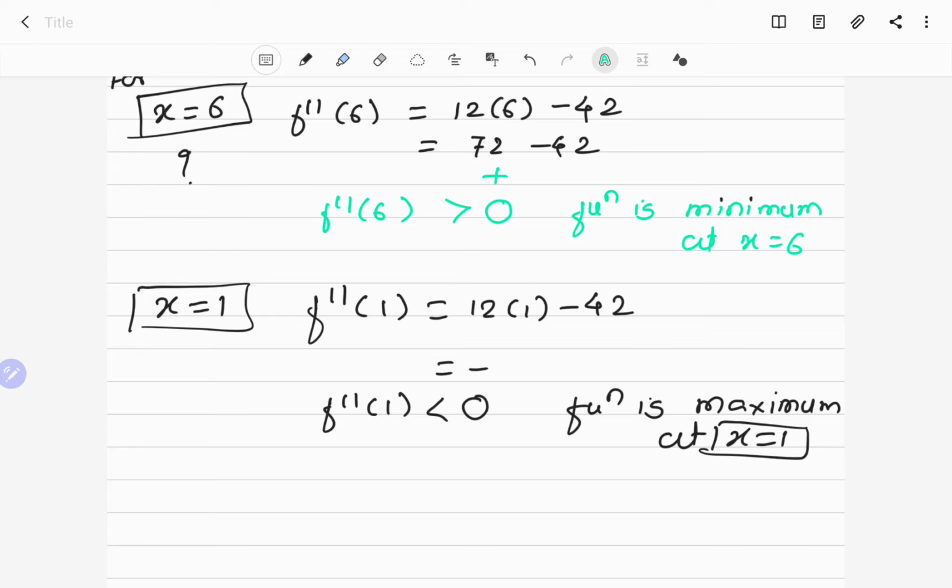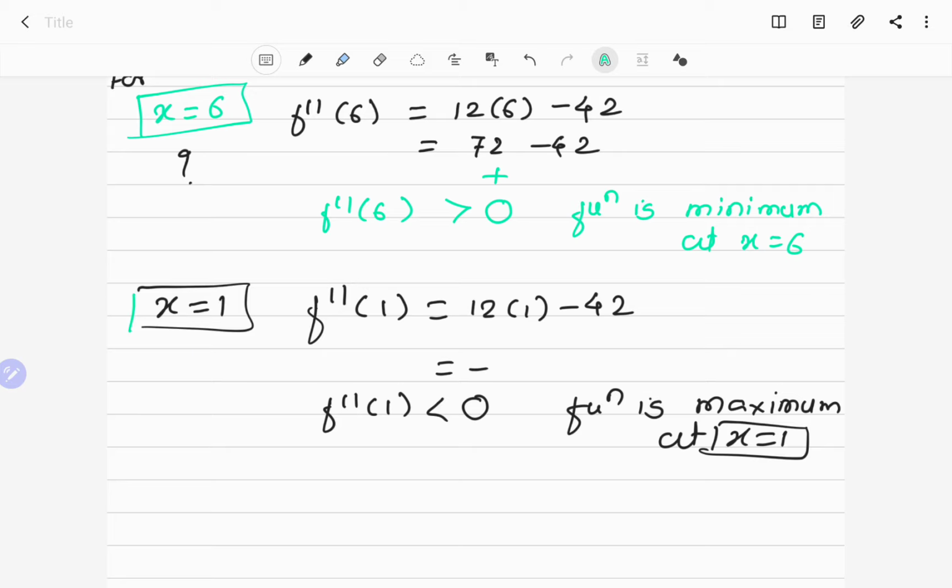So that's why this is called the second derivative test. The reason is the second derivative decides where exactly maxima or minima occurs. At x equal to 6, the second derivative was positive, so the conclusion was the function is minimum at x equal to 6.